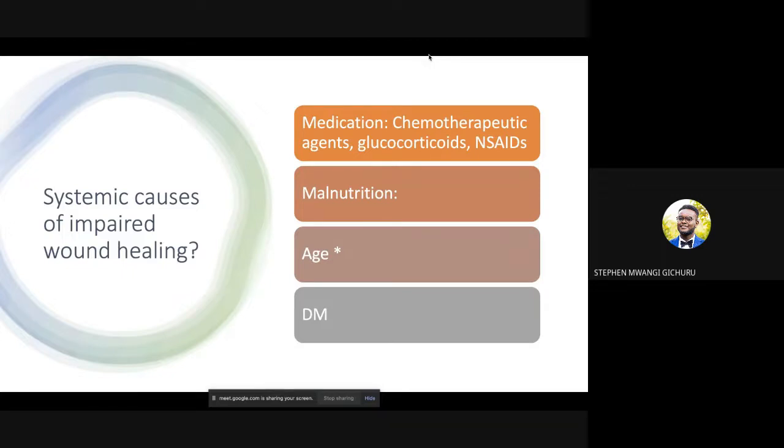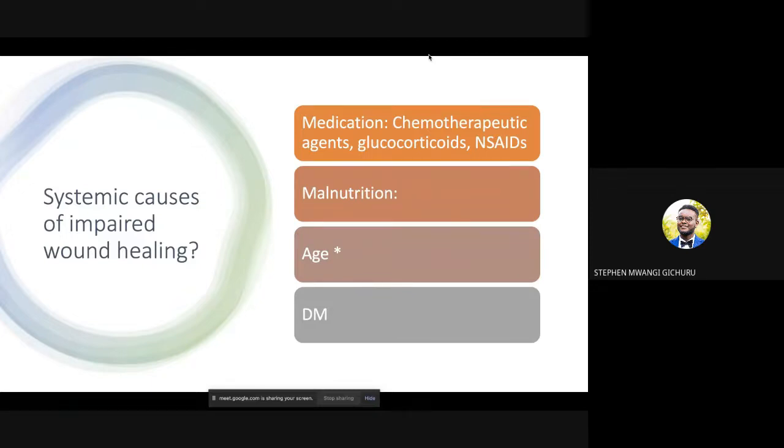They come with a lot of chronic wounds. The major reason is that they have impaired wound healing, because all the steps of wound healing, hemostasis, inflammation, proliferation, and remodeling are all affected. Make sure you understand why each one of them is affected.